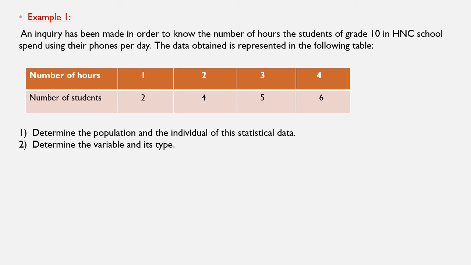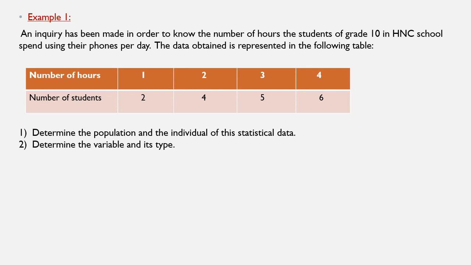Question number 2. Determine the variable and its type. So as we said, the variable is the outcome given by each student or the answer given by each student. Here, the answer given by each student is the number of hours he or she spent using her or his phone.